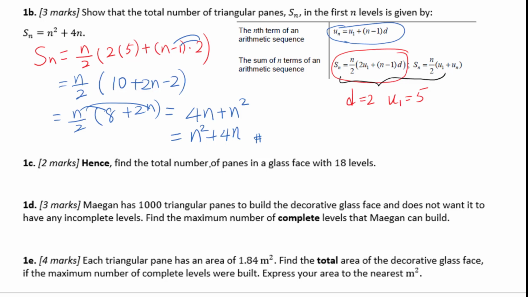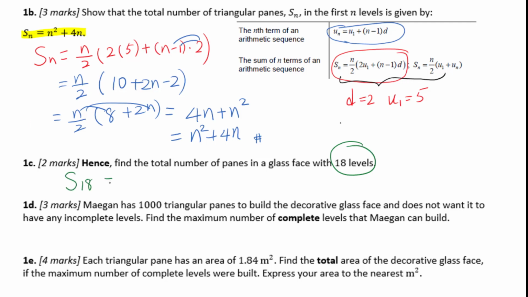Hence, find the total number of panes in a glass vase with 18 levels. Since we already proved S sub n equals n squared plus 4n, we will use this formula for 1c. We are looking for S sub 18 equals 18 squared plus 4 times 18 equals 396.